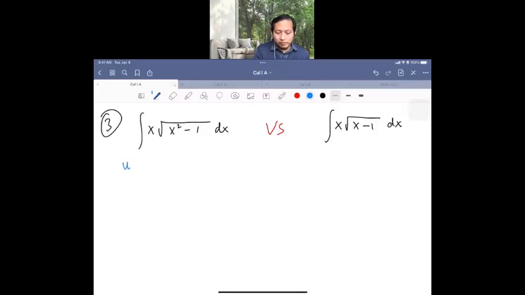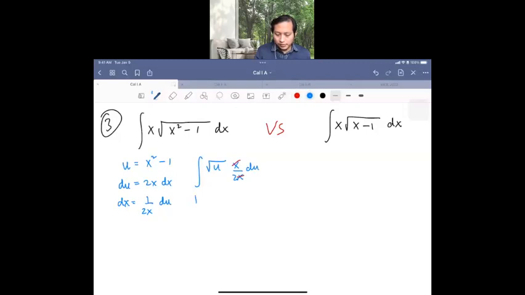So I would just start with the left one. If you substitute x squared minus 1 with u, then we have du is 2x dx. So dx will be 1 over 2x du. I think we can write the square root of u, and then this is x over 2x du.